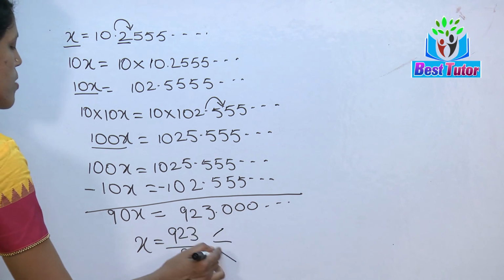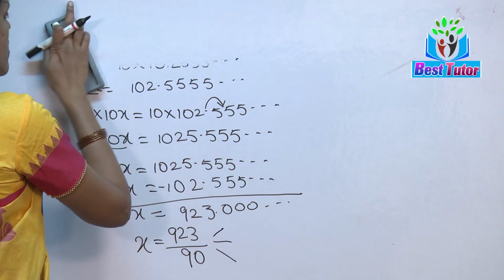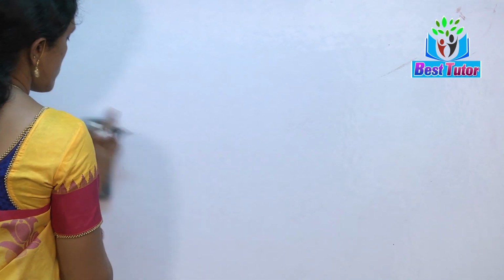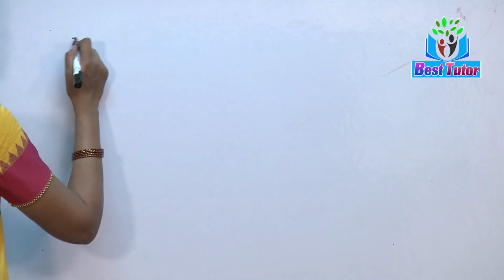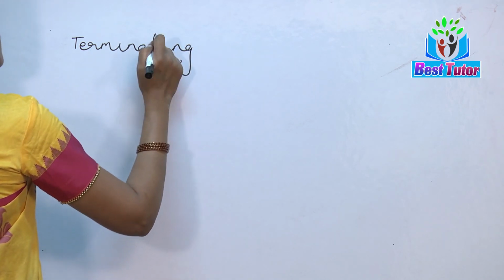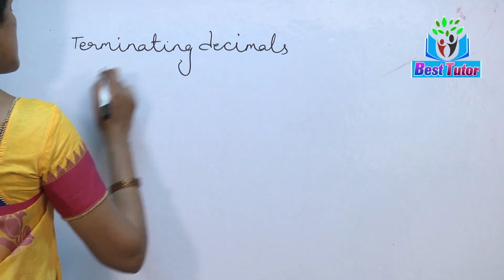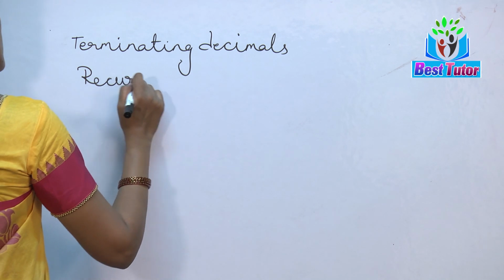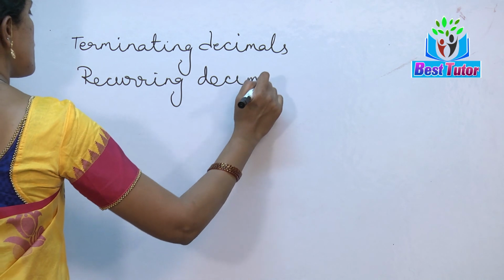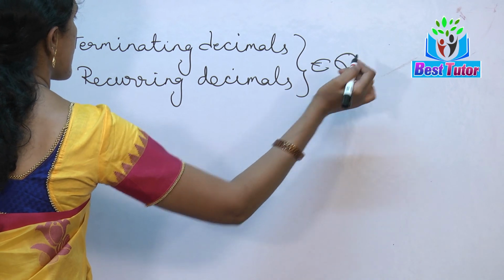Yes, of course, this is a rational number because it satisfies all the 3 conditions. So we have proved that both terminating decimals and recurring decimals belong to the set of rational numbers.